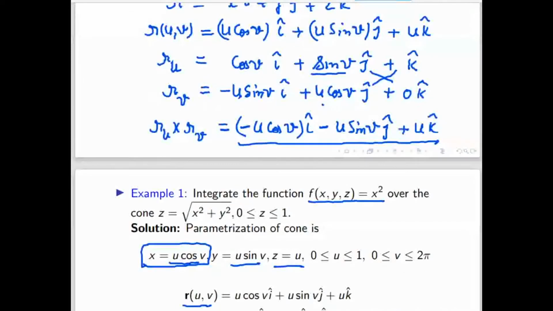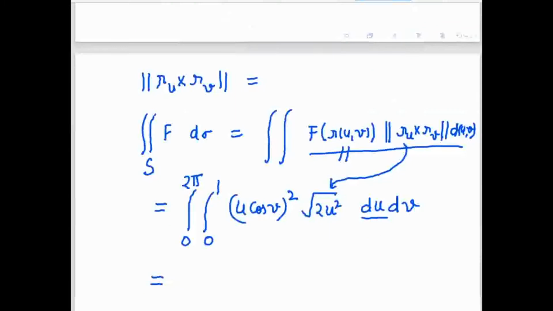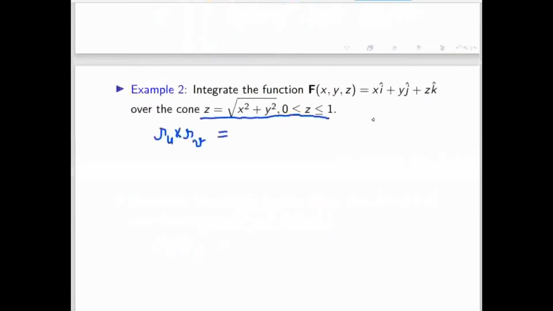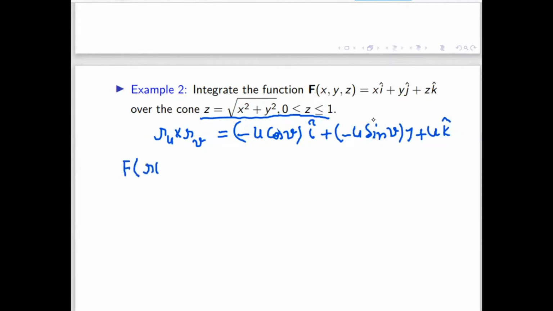So that I am writing here, with i cap, j cap, and then plus u times k cap. And f at r(u, v) will be, so each x, y, z will be replaced by the parametrization.